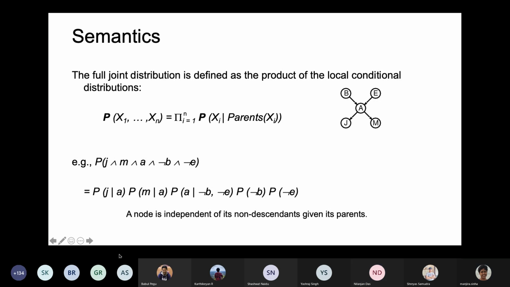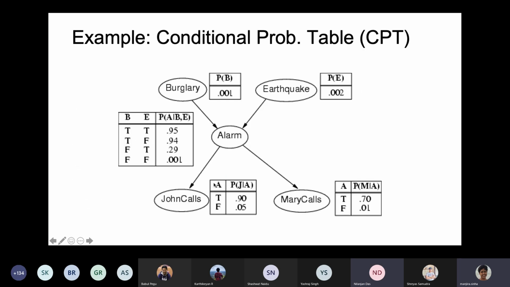Also, a node is independent of its non-descendants given its parents. So basically, this whole joint probability comes down to the multiplication of these local conditional probabilities, and we can find them easily from this CPT table.